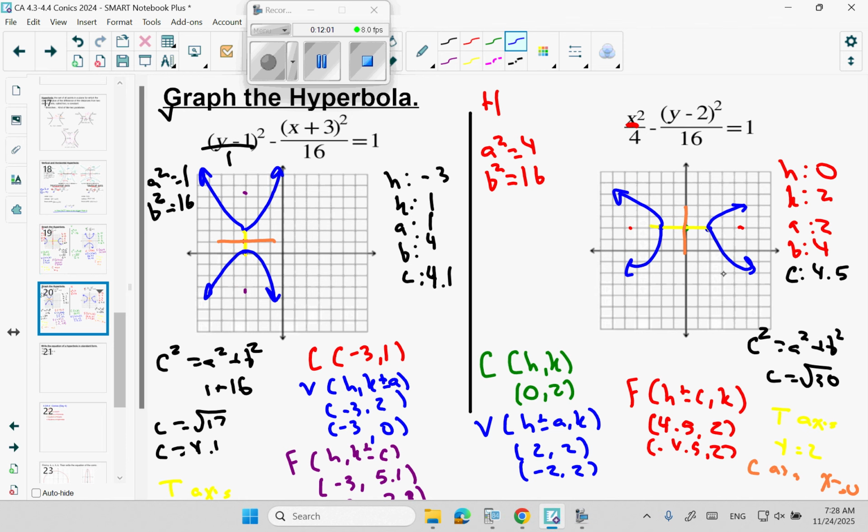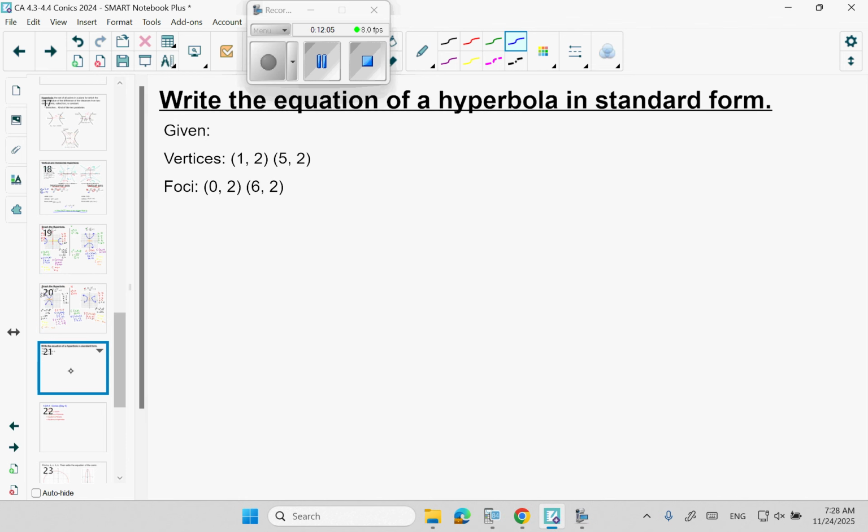That's all graphing hyperbolas. Next, writing equations. So looking at these, I would notice that my vertices are consistent. So I would look at my formula sheet and see which set of equations does h plus or minus a comma k. And I would realize that this has to be horizontal.